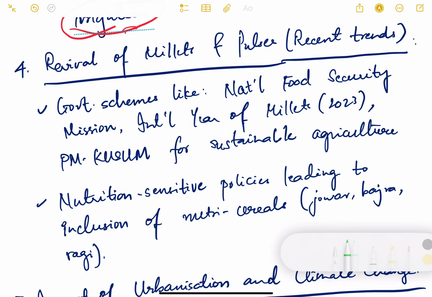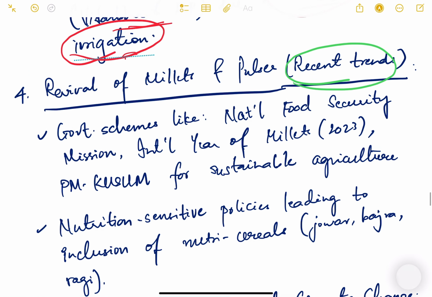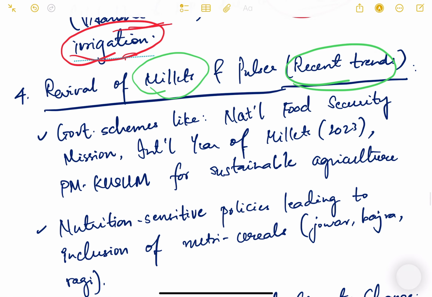Then revival of millets and pulses. These are the recent trends, because millets are considered to be a healthy food like ragi, jawar, bajra, high fiber, low glycemic index. So these are some of the benefits that we always hear, that people on dieting, they prefer eating jawar roti rather than wheat roti. Pulses also for protein, for vegetarian people.